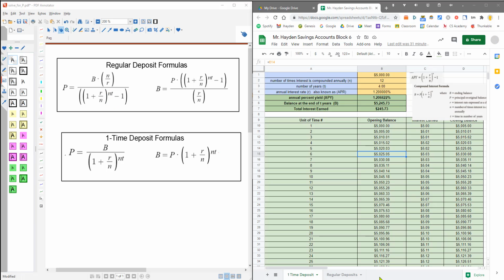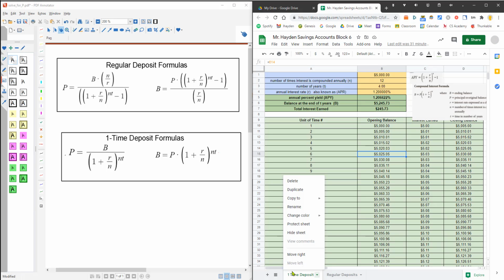So we're going to duplicate the spreadsheets that we have and then just change two formulas, two cells, and we'll then have a spreadsheet where instead of solving for B, you're solving for P.